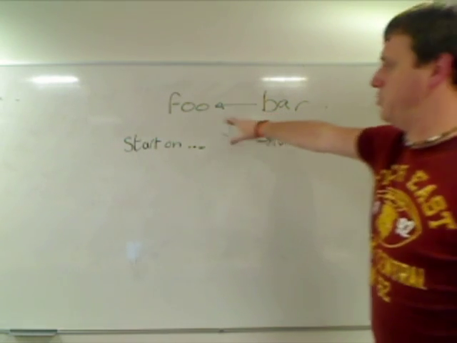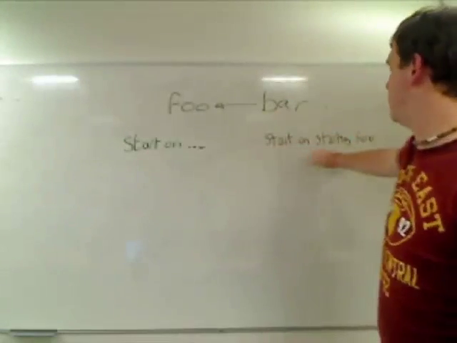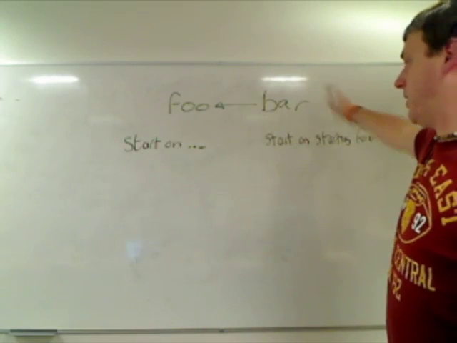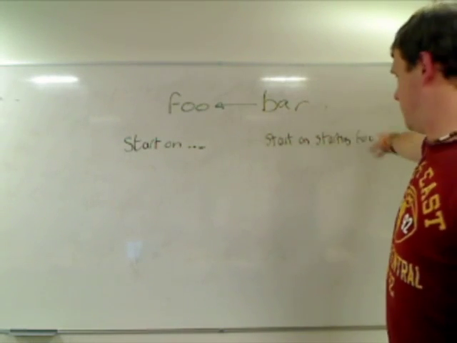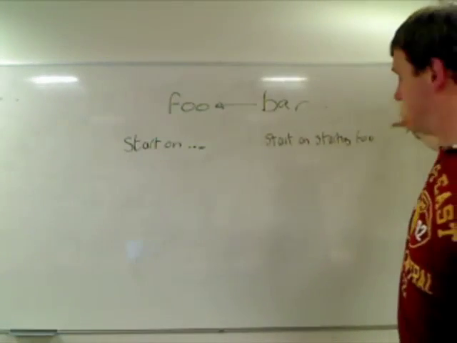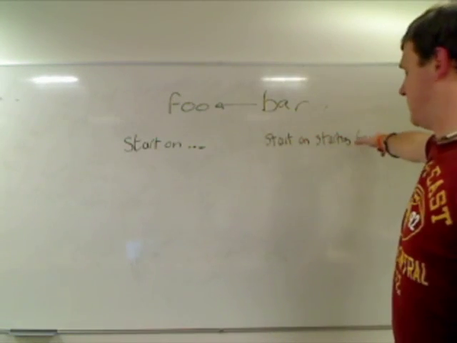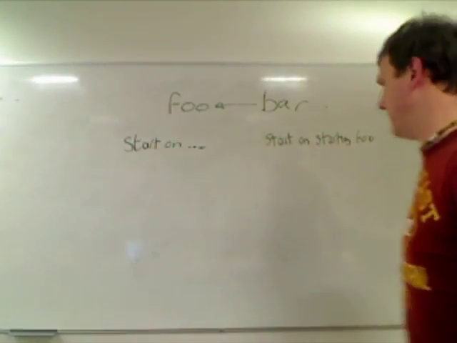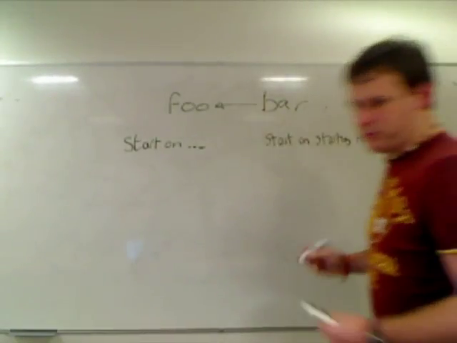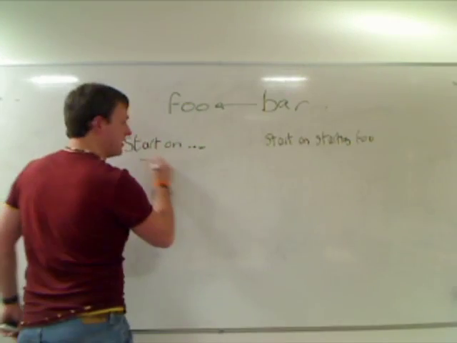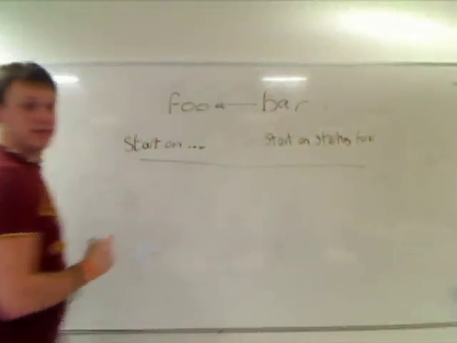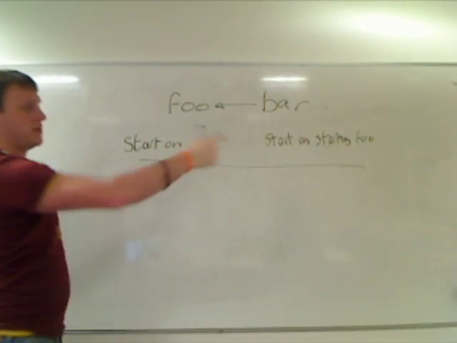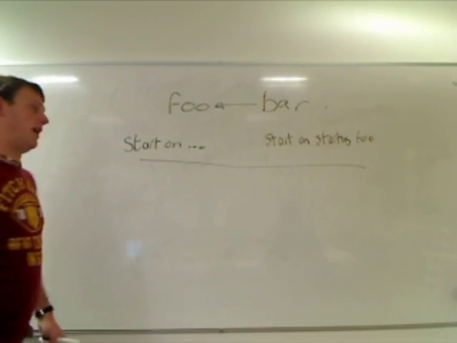So when we start foo, it will issue the starting foo event, which will be passed to bar and cause bar to start. It will still hold on to that event, bar will finish starting, let go of the starting foo event, it goes back to foo, and allows foo to continue. Simple dependency. Now, what most people don't realise, and I realise that I've never really documented this except in the man page, is that start on starting foo is a shortcut.